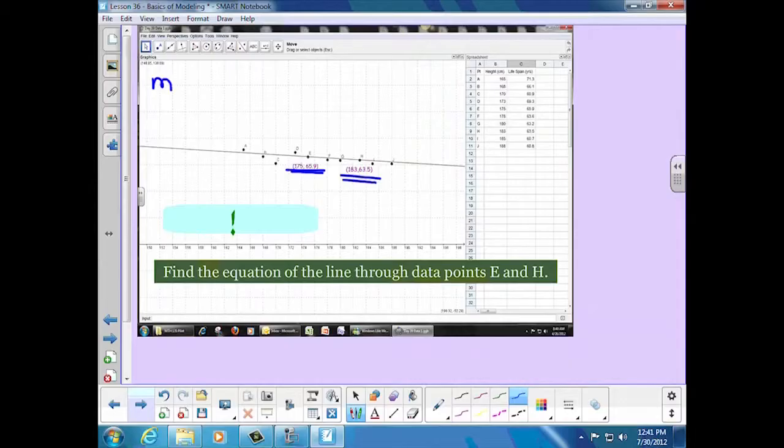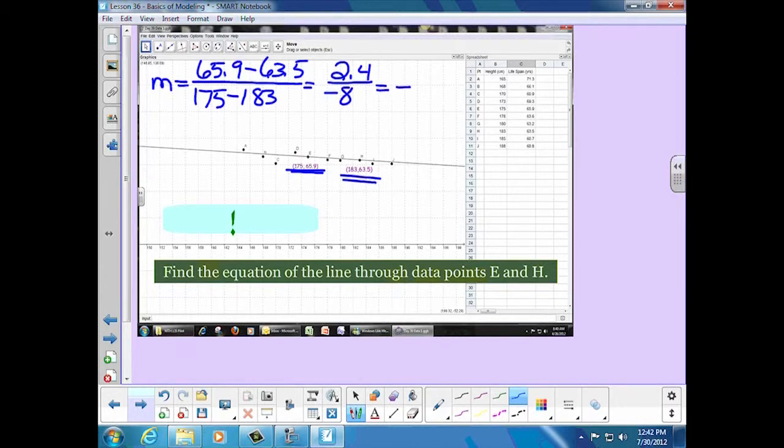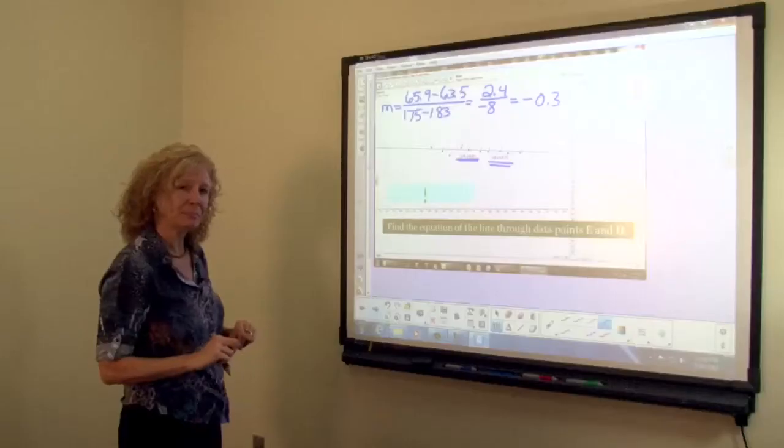So my slope would be y value minus y value divided by x value minus x value, which equals, what's that going to be, 2.4 divided by -8, which would be a negative 0.3 if I did my arithmetic right.